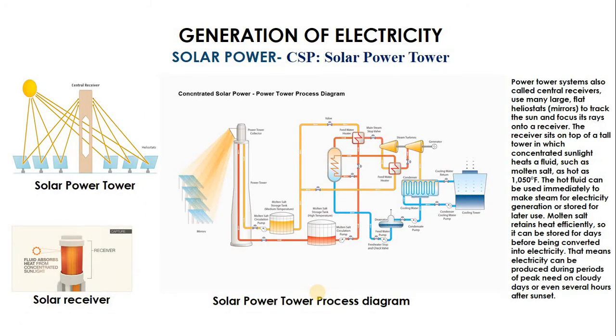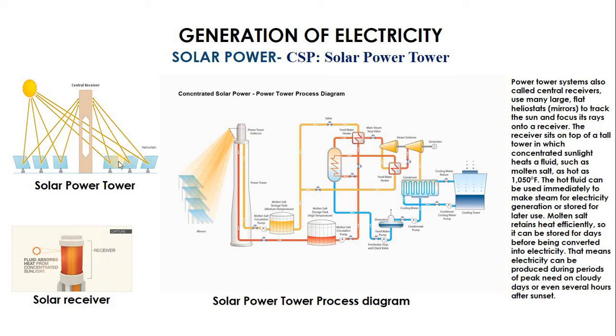We also have another what we call the solar power tower. That is also straightforward. It is a tower with a receiver on top of it. Unlike the parabolic trough, where we have the pipes running through the focal point to take the concentrated heat, here the receiver is what receives the concentrated heat.